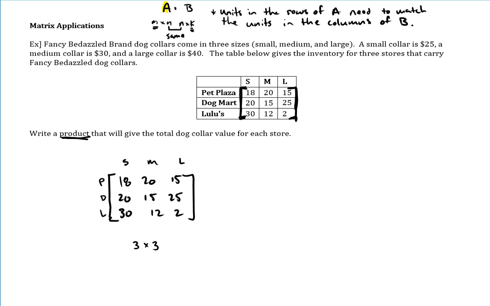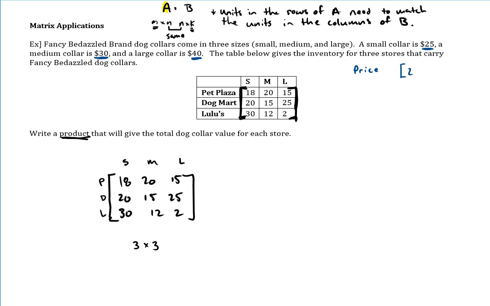All right, so now that we have the 3 by 3 matrix, let's go back up and see there's some other information. They talked about the small costing $25, medium is $30, large is $40. So we can make a matrix out of this, and this is where we can decide how to create it. We've got the information here that we're keeping blue, so I'll just say the price.